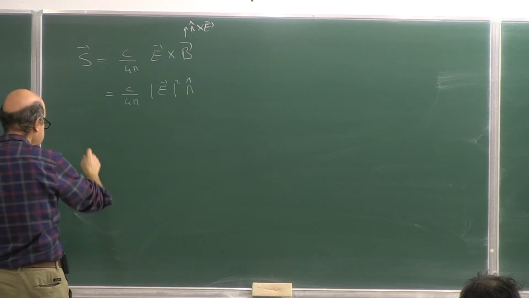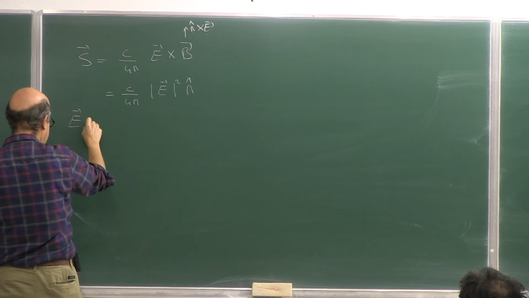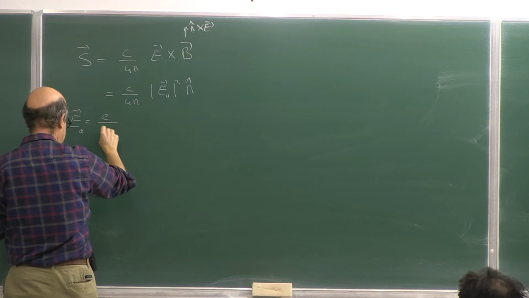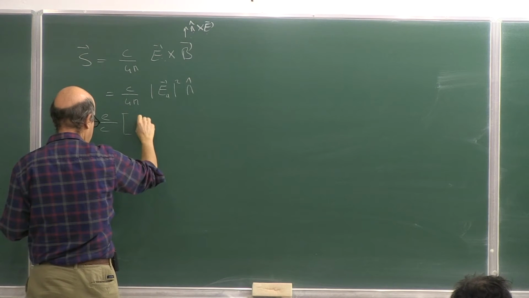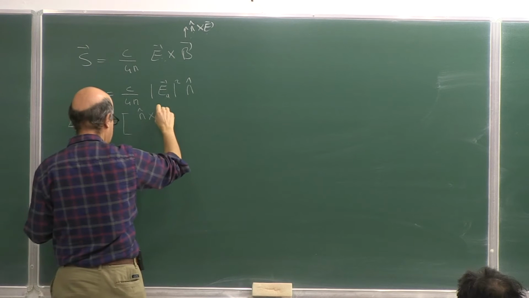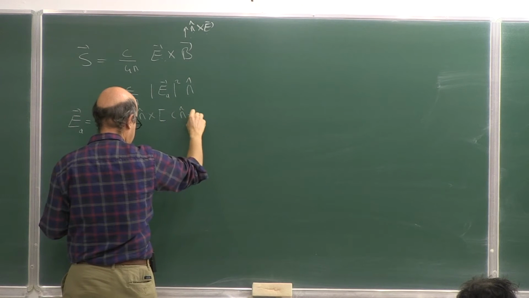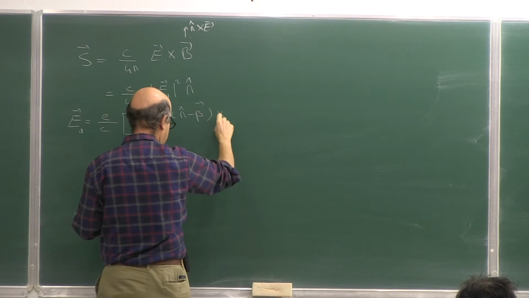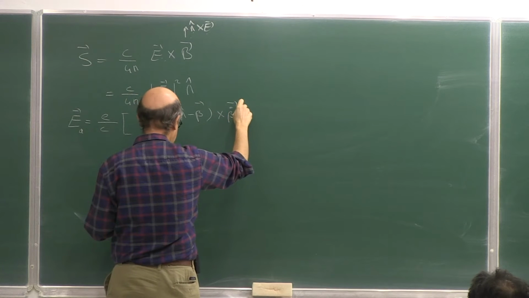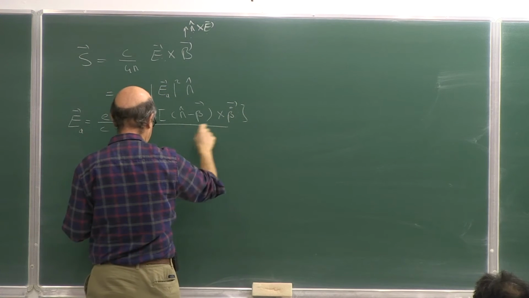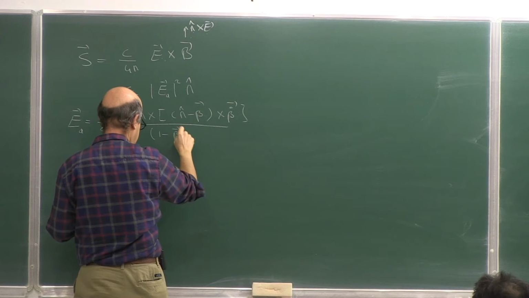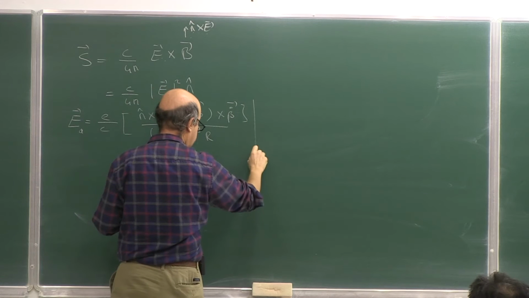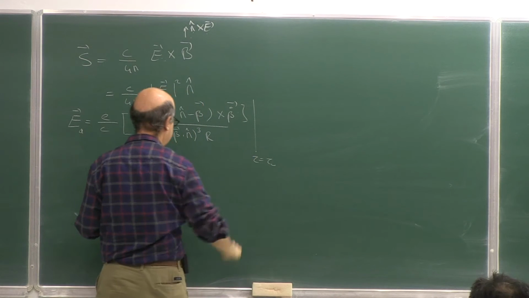And the field of the accelerating charge in general is the following. We derived this last week: n cross [(n − β) cross β dot] divided by (1 − β·n)³ over r, evaluated at retarded time.